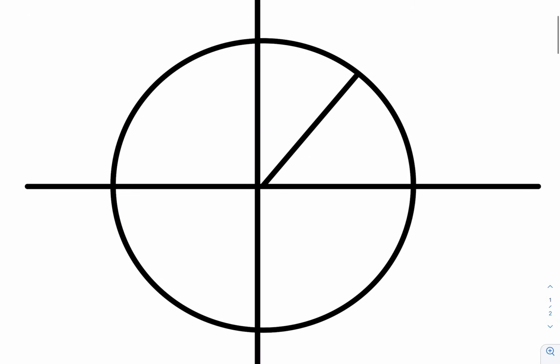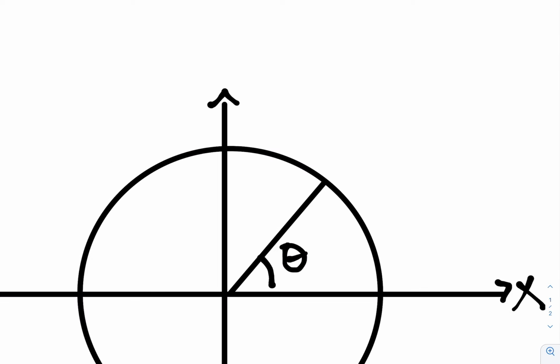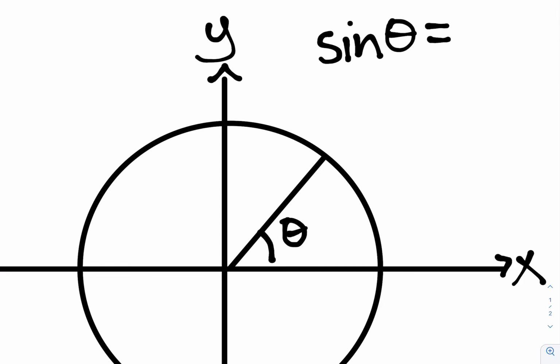So let's say this was our theta, right? This was our x-axis, this was our y-axis like this. For example, sine theta. Remember, sine of theta is our opposite over hypotenuse in SOHCAHTOA.